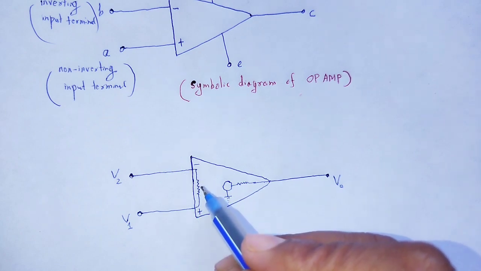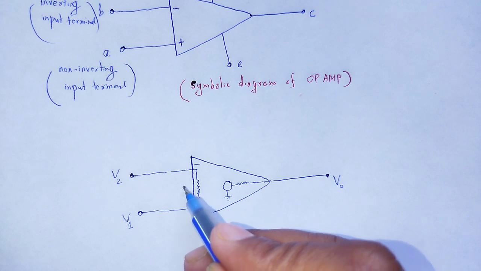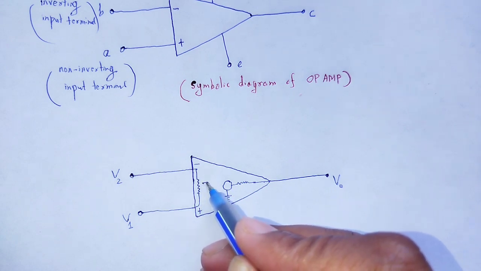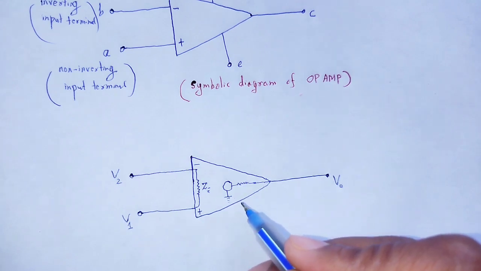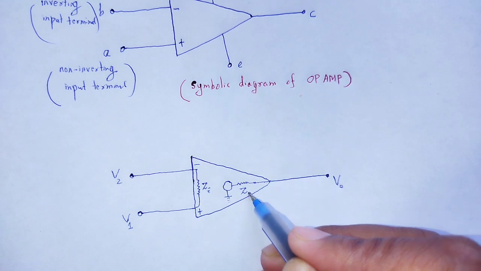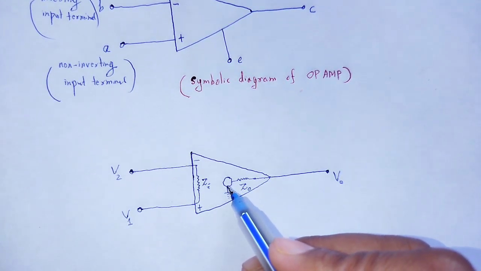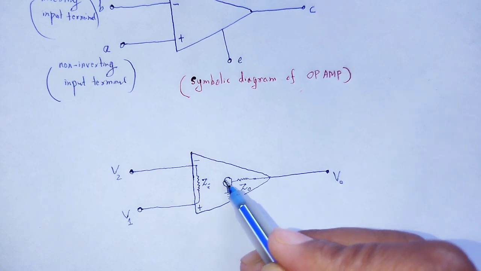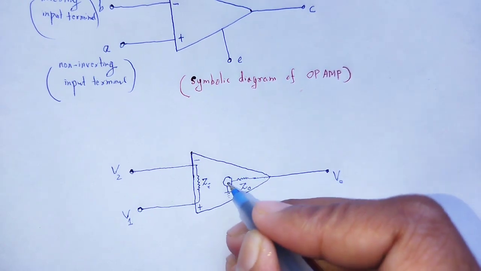Input impedance Z I, output impedance Z O, and here is the voltage gain A VD.